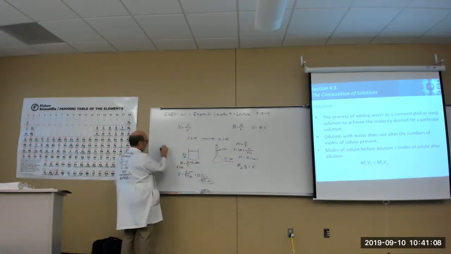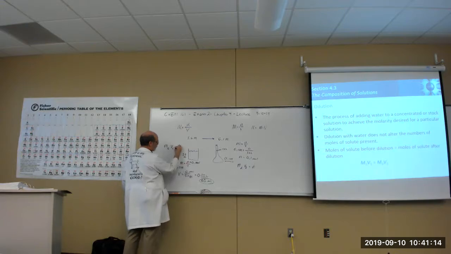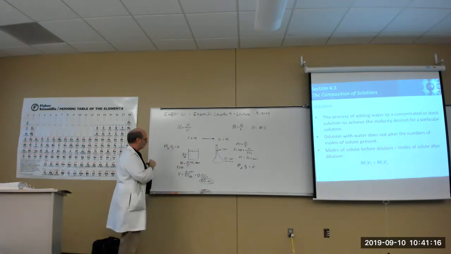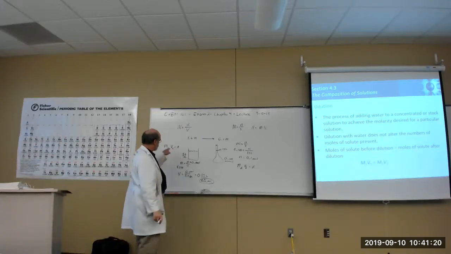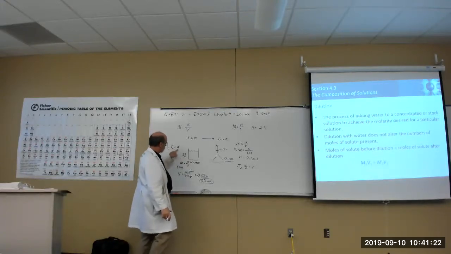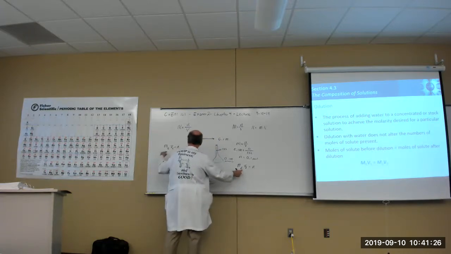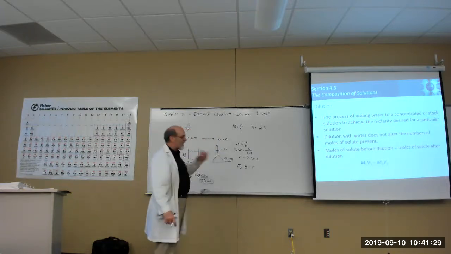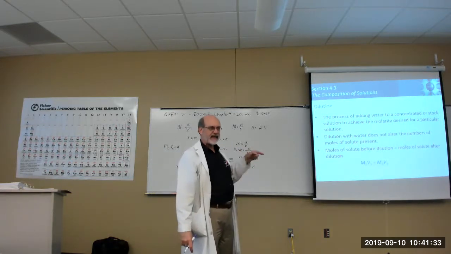And over here, we have M concentrated times V concentrated equals moles. So those two are equal, because if this is equal to that, and that's equal to that, then this is equal to that. That's where M1V1 equals M2V2 comes from, because N equals N.